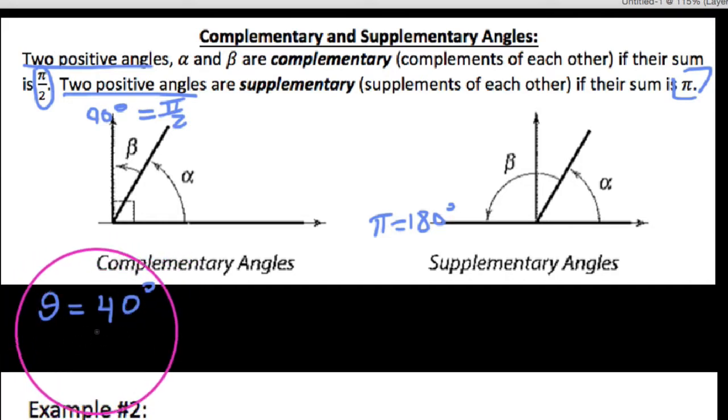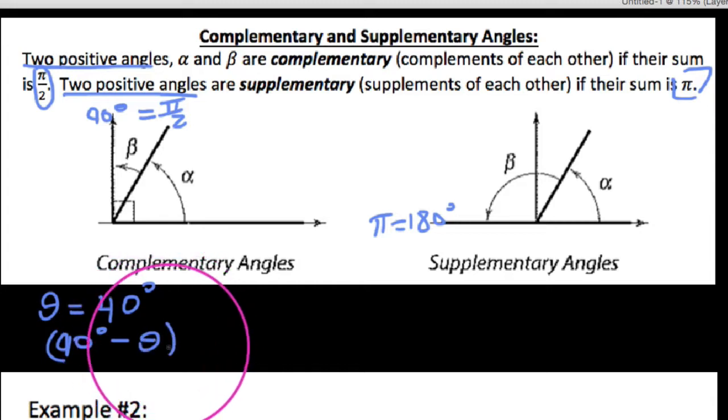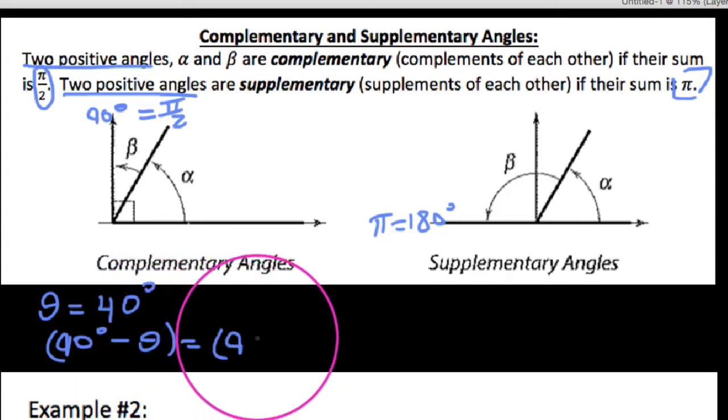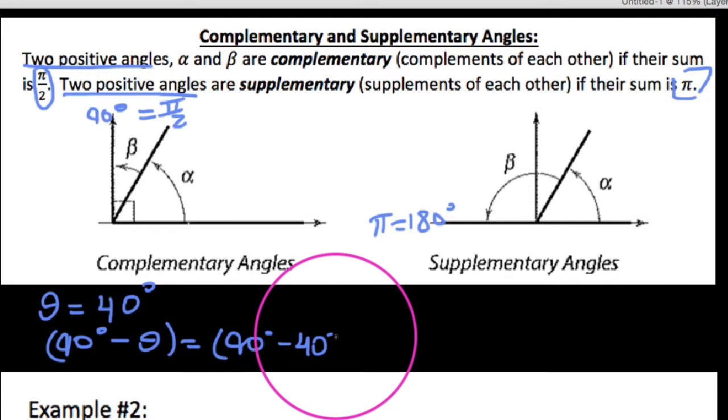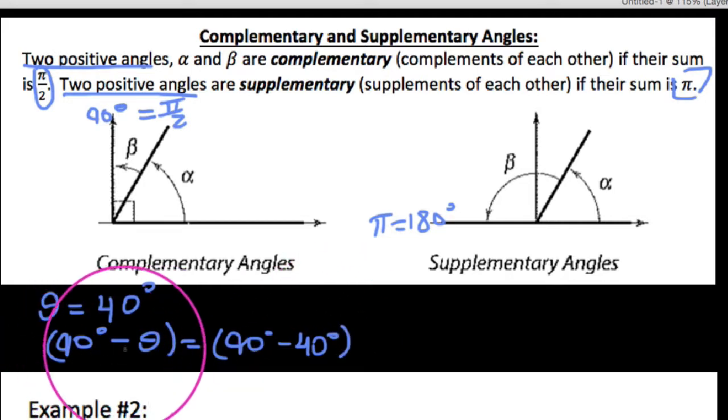So what angle would add up with 40 degrees to be 90? We could just take that total of 90 degrees and subtract off the 40 degrees. In other words, in general, you take the angle that you're given and subtract it from 90. In this case, we're talking about radians.